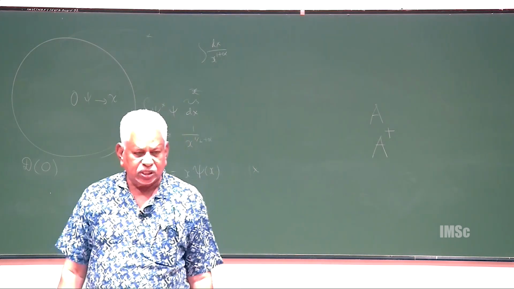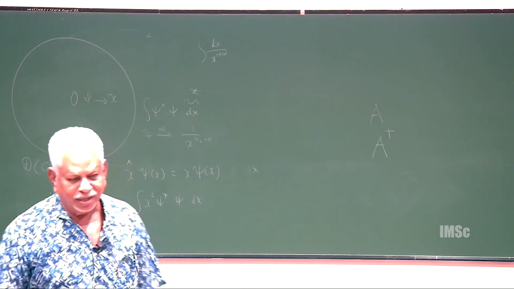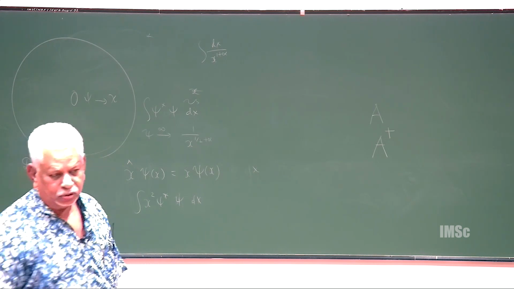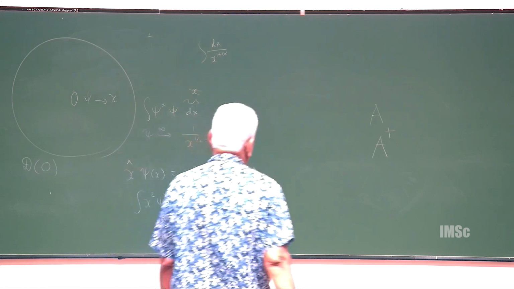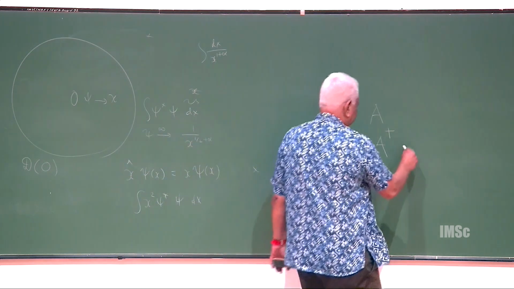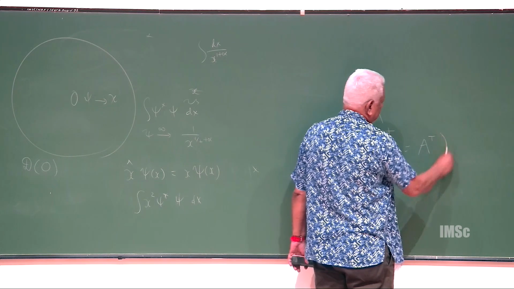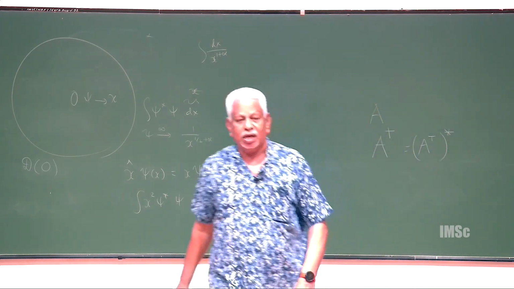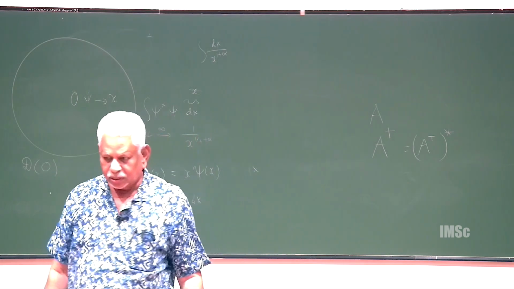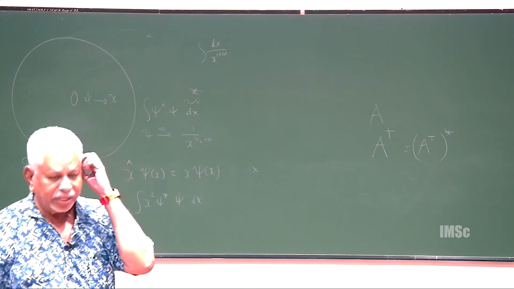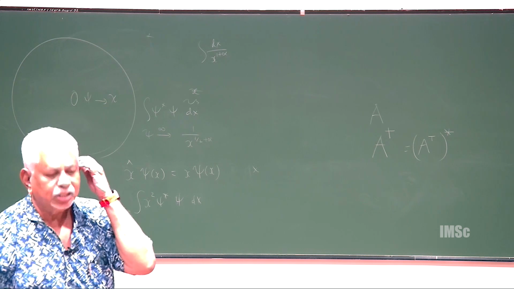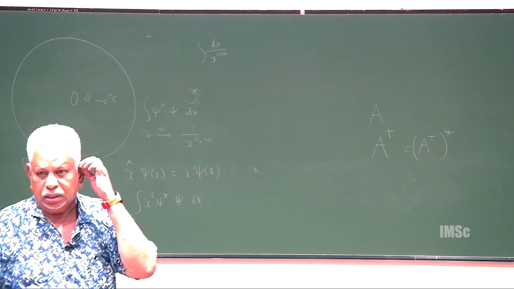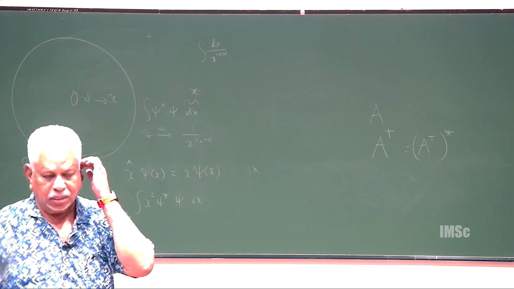If you are given a matrix, how do you do it? You take the transpose and conjugate. I suppose you know this, right? You say A transpose and conjugate. This is what you call the Hermitian conjugate of that matrix or operator in that space. Is that known to everyone? Everyone in the back?